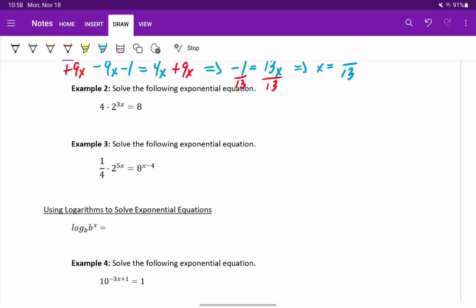For instance, in example 2, before we solve, we could divide both sides by 4, which would have this become 2 to the 3x power is equal to 8 over 4, or just 2, which is the same thing as 2 to the first power. Now that the bases are the same, in order for those expressions to be equal, we set the exponents equal to each other and solve. Dividing both sides by 3 gives us x is equal to 1/3.